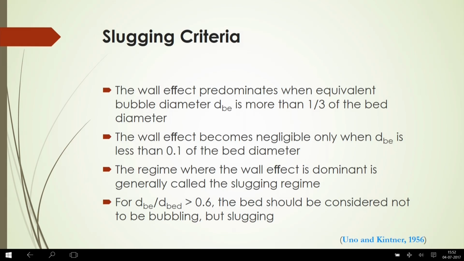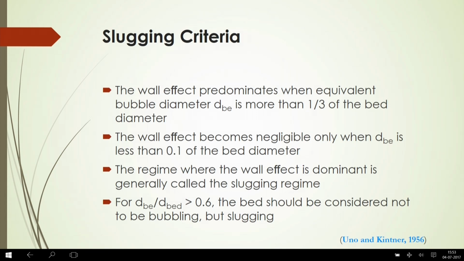So, it will be observed when there is a formation of bubbles in the fluidized bed. Suppose the bubble size is 1/3 of the bed diameter, then immediately the fluidization will be slugging fluidization. That means here bubbles will be formed as a slug.